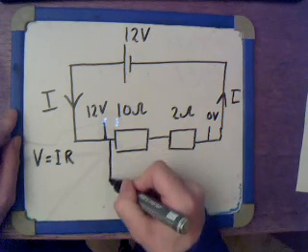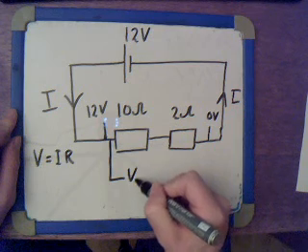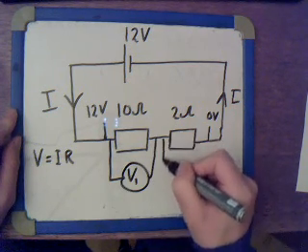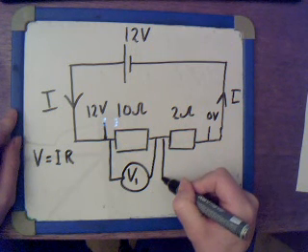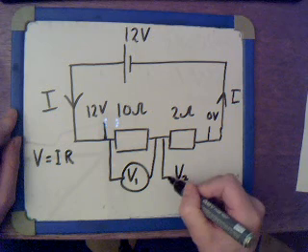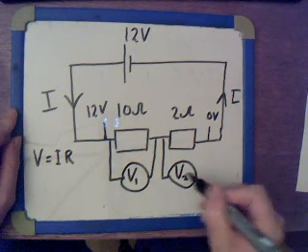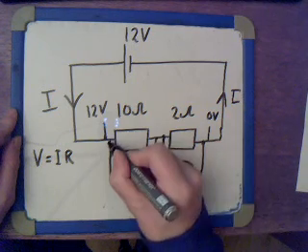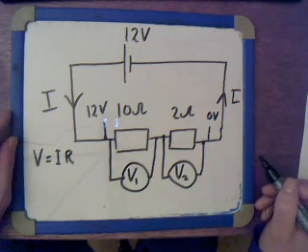I will call this one V1, and I'll call the potential drop across this resistance V2. Of course V1 plus V2, if I've done my calculations correctly, should add up to 12 volts.